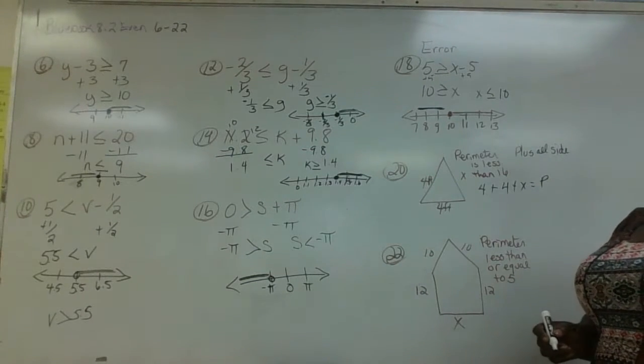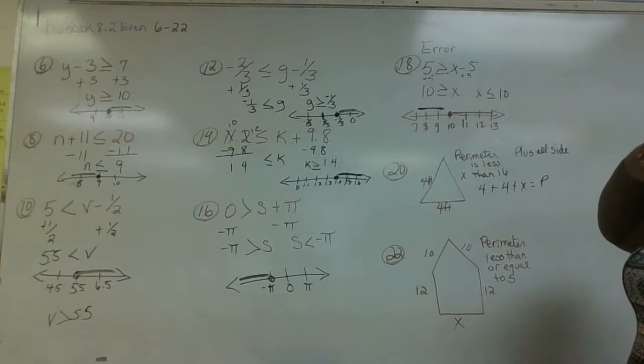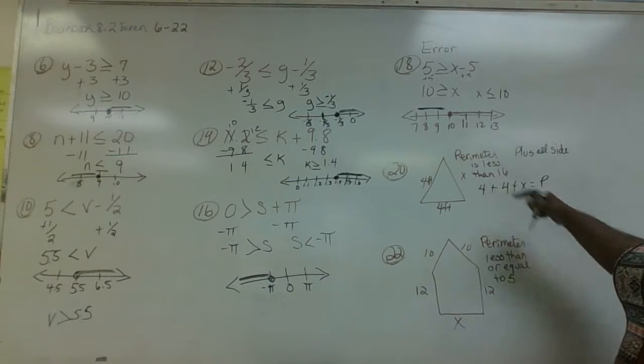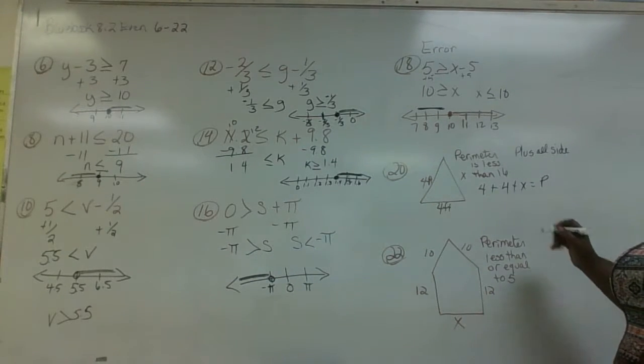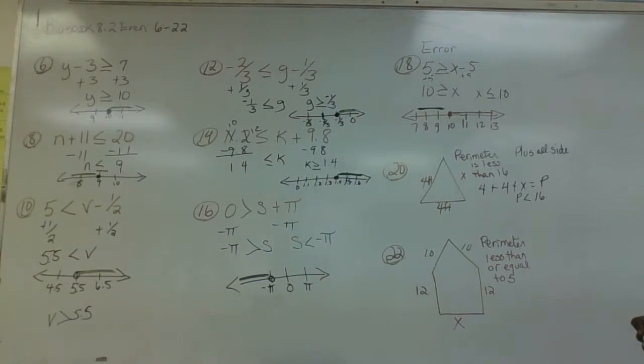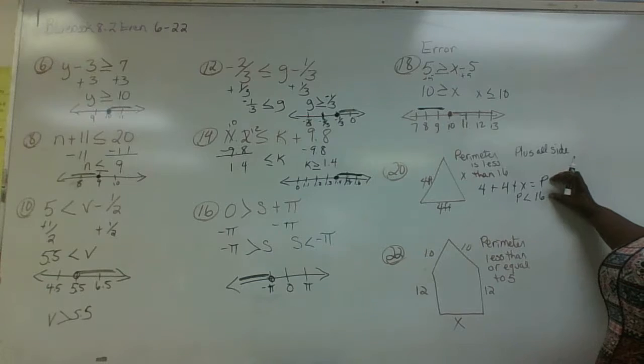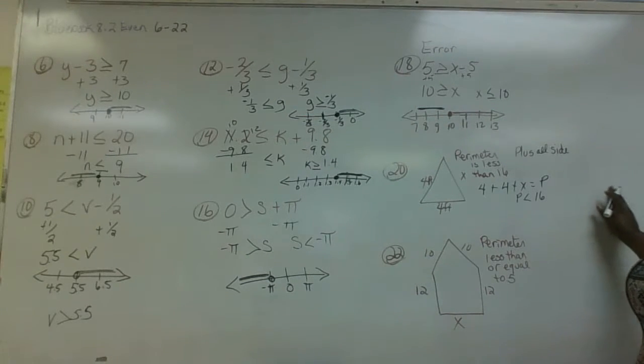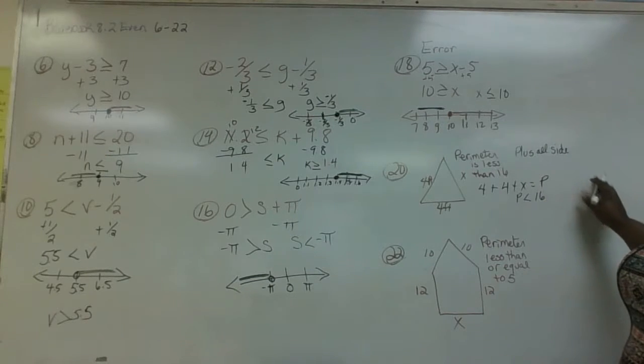Well, it tells us that our perimeter is less than 16. So P is less than 16. So if that be the case, then when we combine these two equations, we actually have, be sure you have enough space.